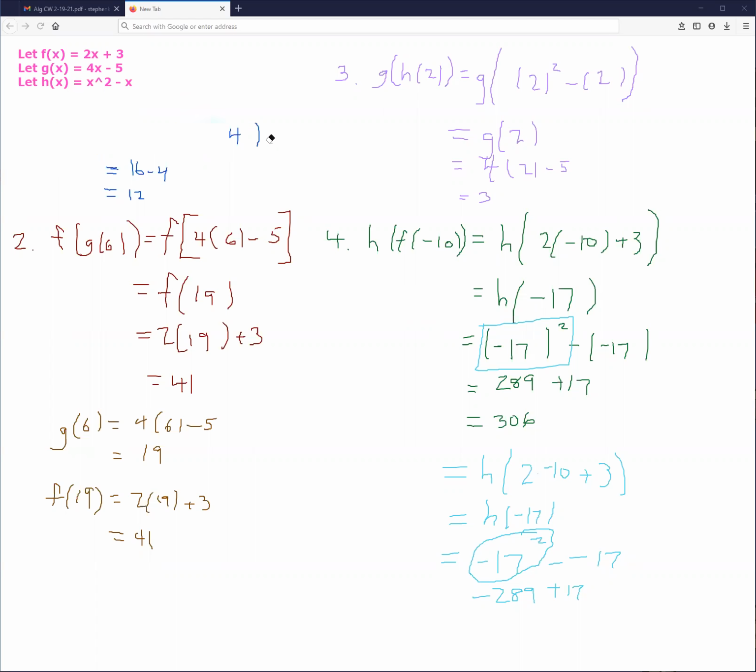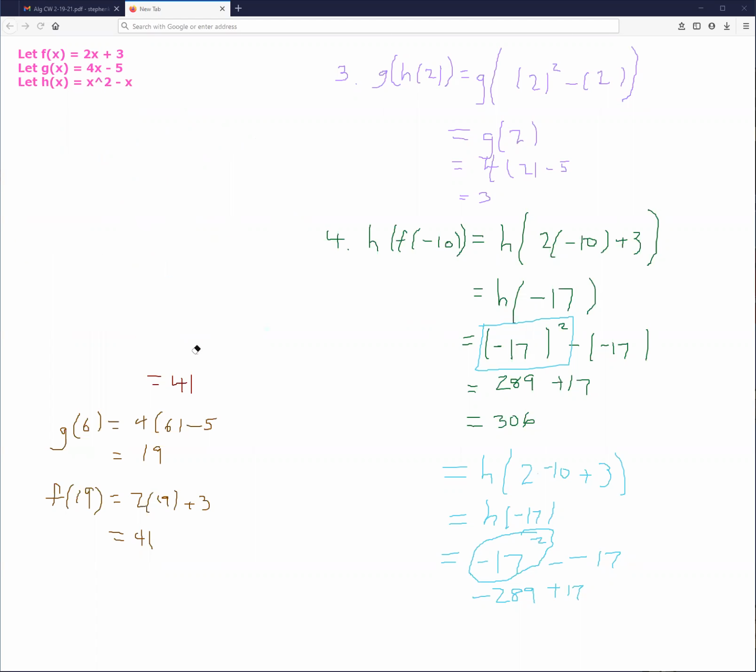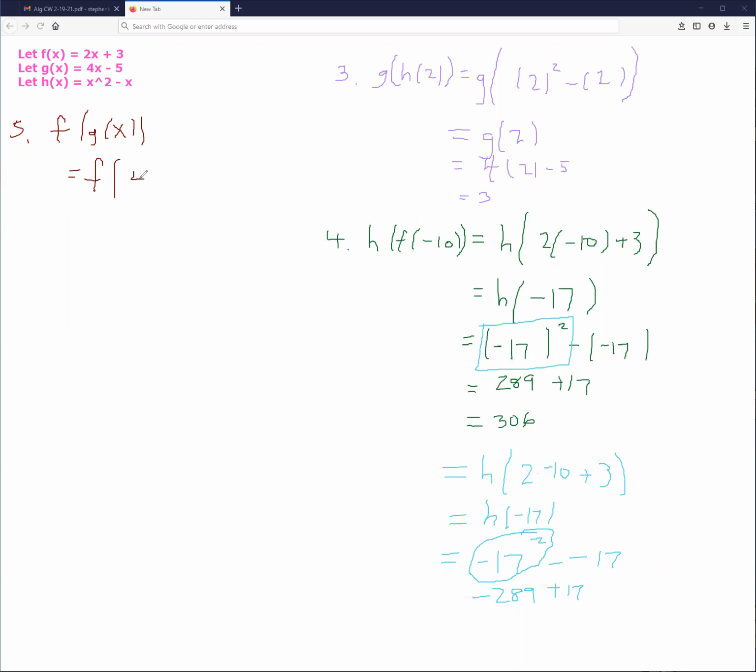And in fact, we can make even more severe mistakes when we start plugging in expressions rather than fixed numbers. So let's suppose that we did this with x. Let's say we did f of g of x. So we're doing f of g of x, 4x minus 5.